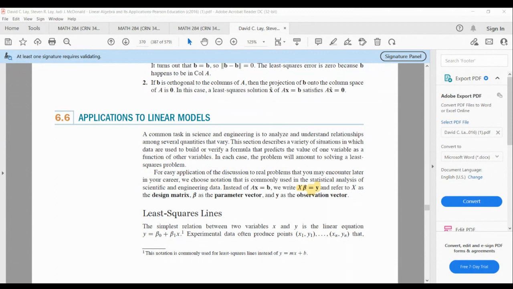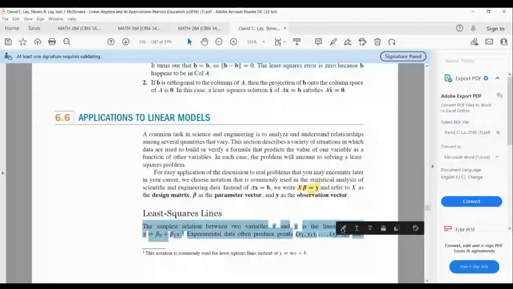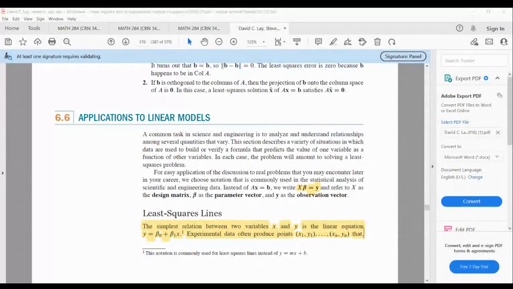Now let's start off with a very simple example here. A line of best fit, a least squares line. How many have seen regression lines?